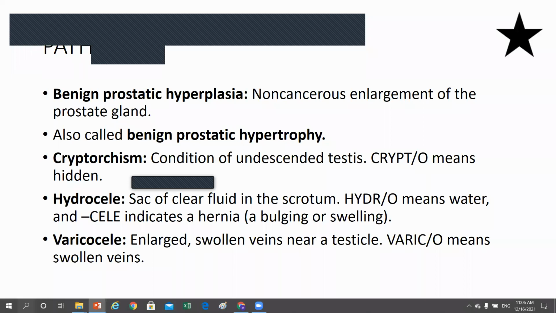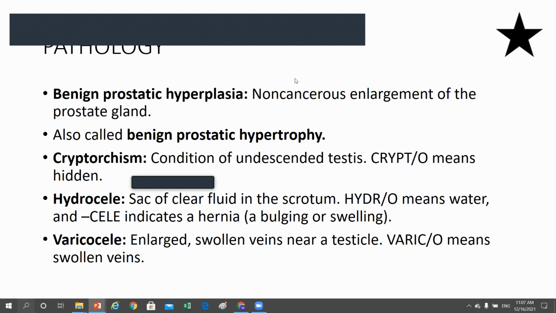You are familiar with the word hypertrophy; it has been used previously. Cryptorchidism is when testes are not descended; crypt means hidden. Then hydrocele, look at the words please. Hydro is about water, and cele is a sac which contains water-like material and is bulging or swelling. So hydrocele is a collection of fluid in the scrotal sac.